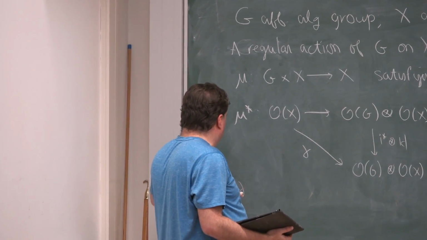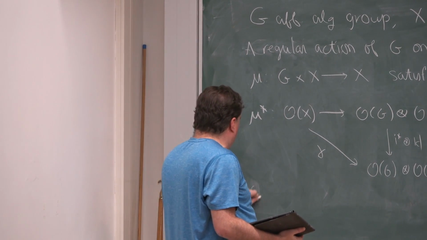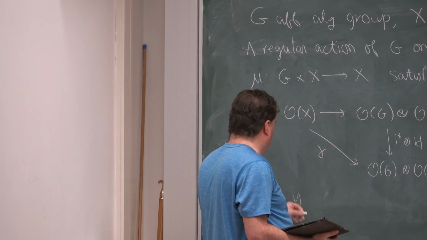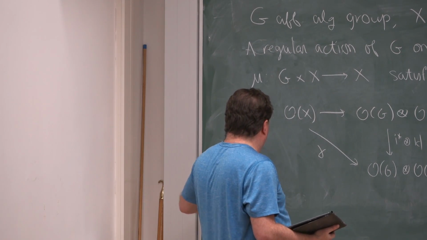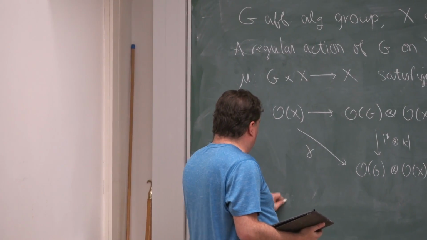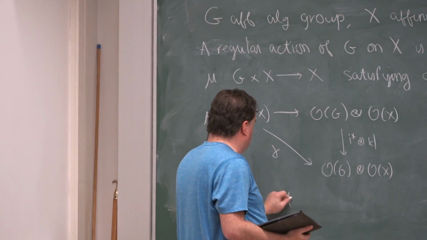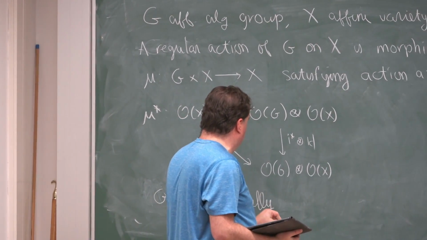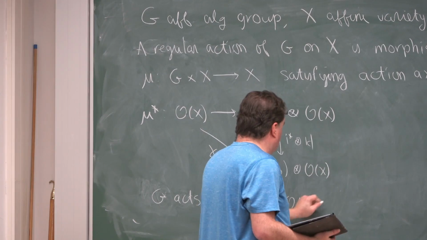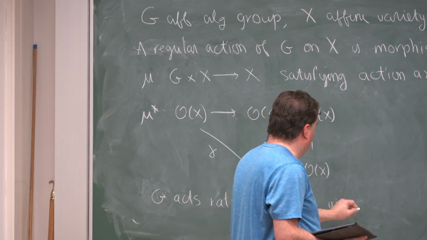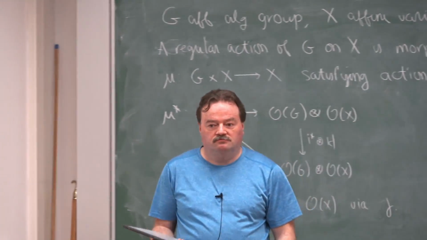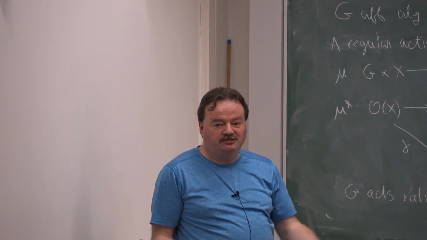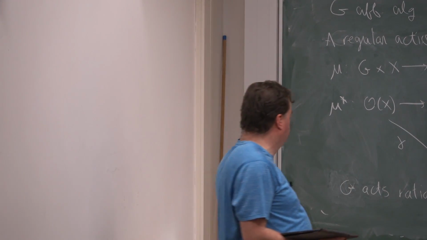Then one can show that G acts rationally on the vector space O(X) via this gamma. And the group G acts by K-algebra automorphisms.